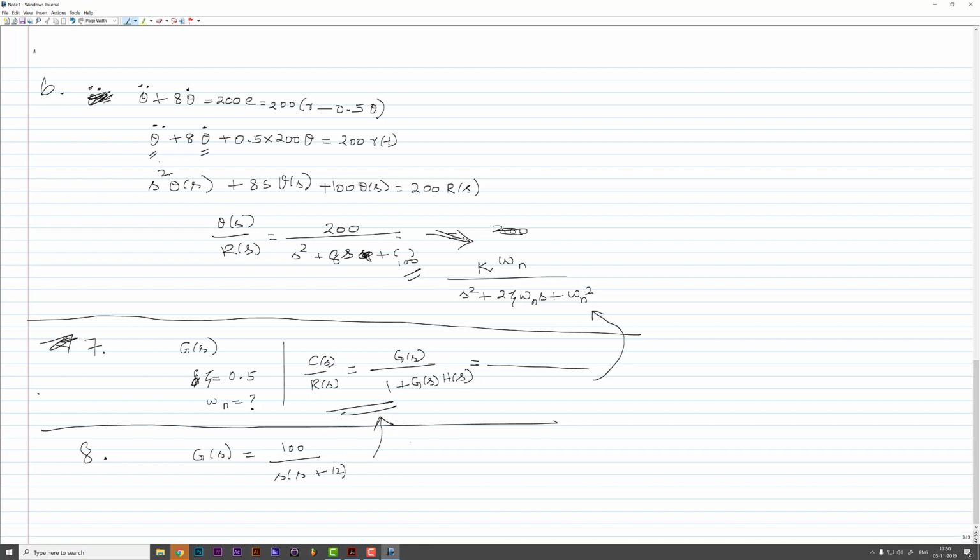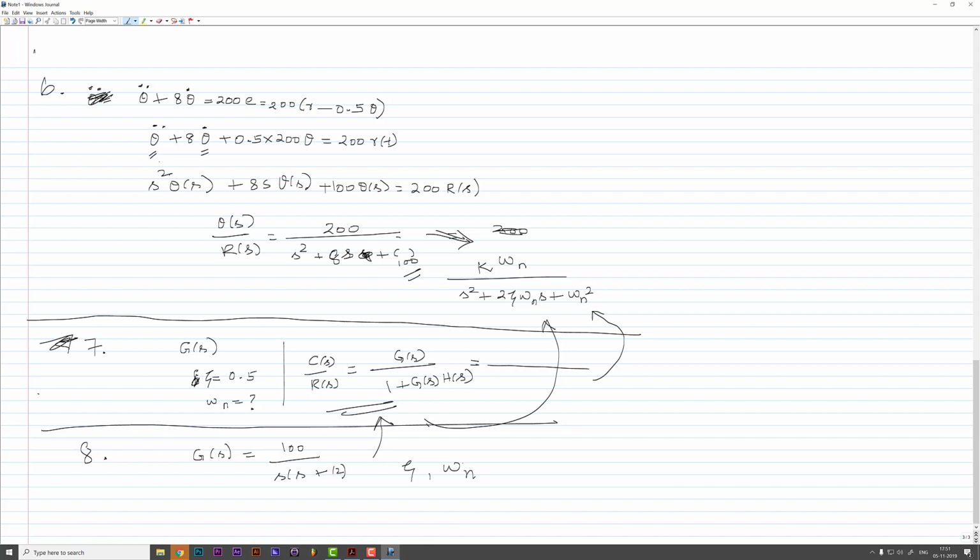So in the same way, find C of s by R of s, and again compare this to the prototype model. We will get zeta and omega n.